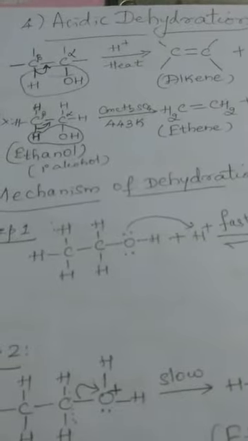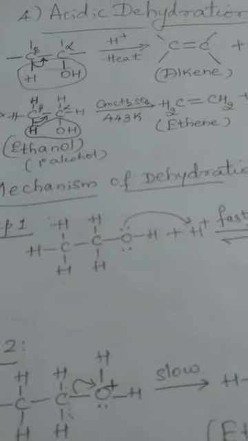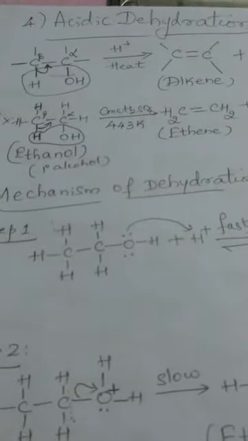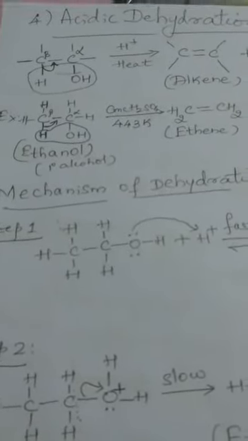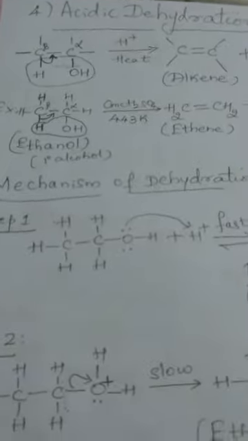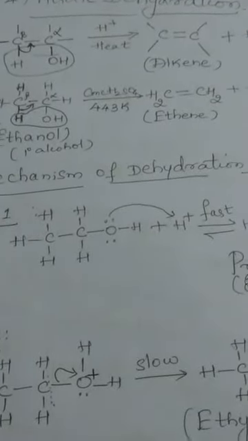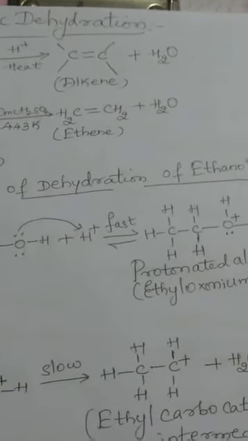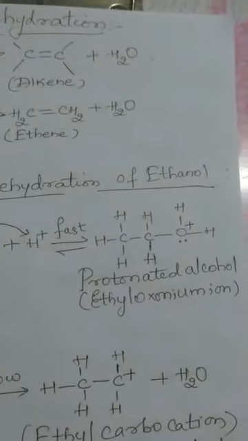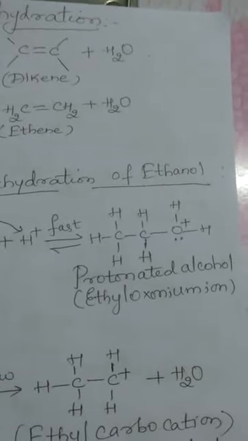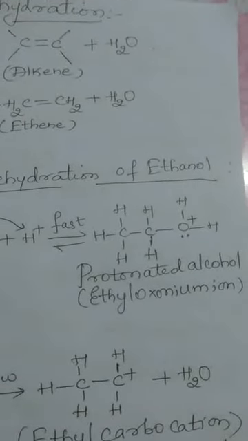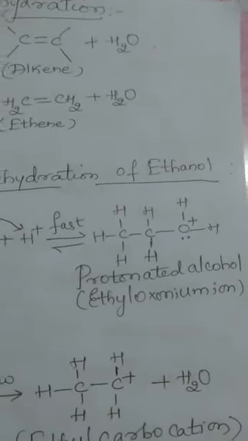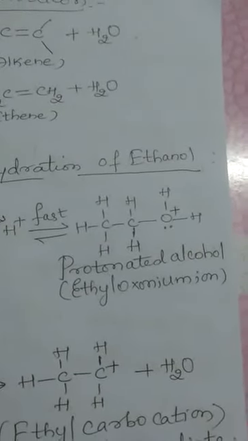So this protonation takes place by the oxygen atom which picks the proton because it has unshared or lone pair of electrons, so that a positive charge will be introduced on the oxygen atom. Now the product formed will be protonated alcohol, which is also called ethyl oxonium ion. So the positive charge is introduced on the oxygen atom. So this is a fast step, step 1.